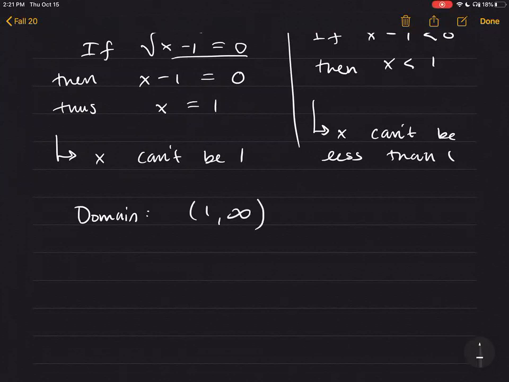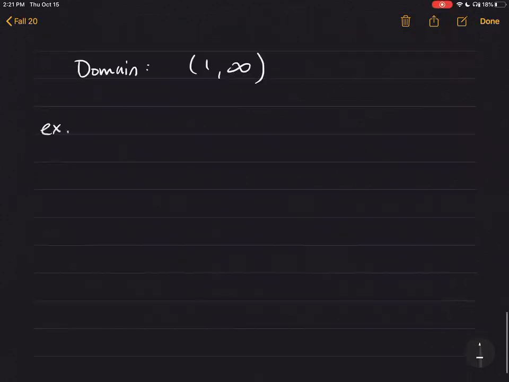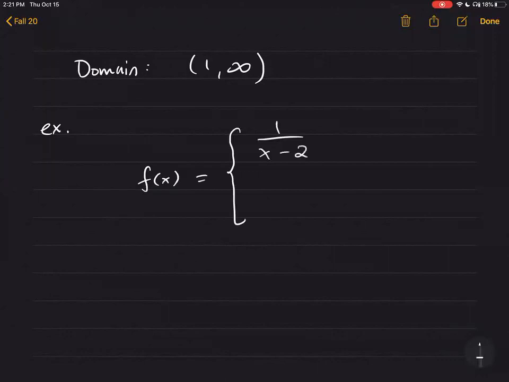All right, cool. What about finding the domain of a piecewise function, right? So for example, what if we had f of x equals, let's write this piecewise function as 1 over x minus 2 if x is greater than or equal to 0, and let's do x squared if x is less than 0.